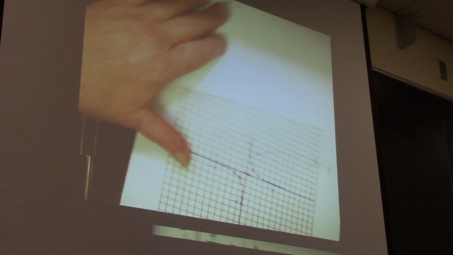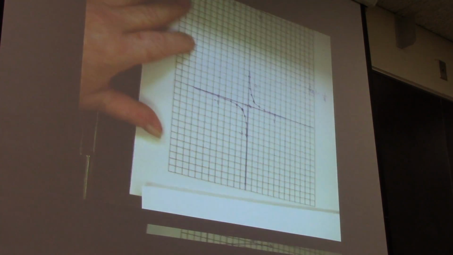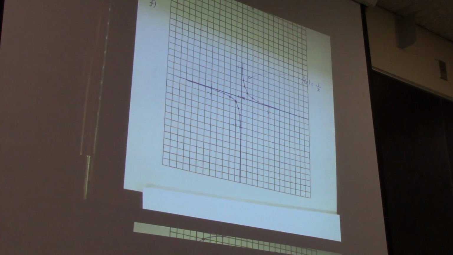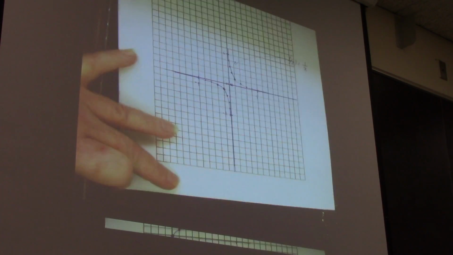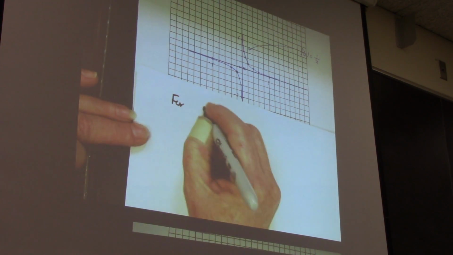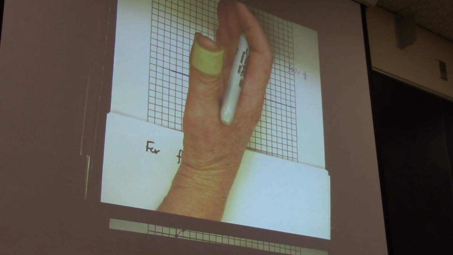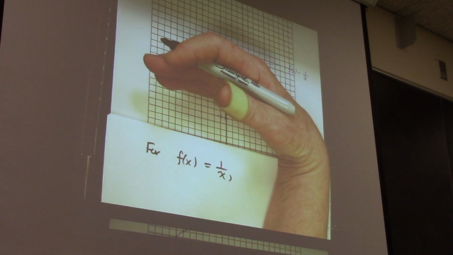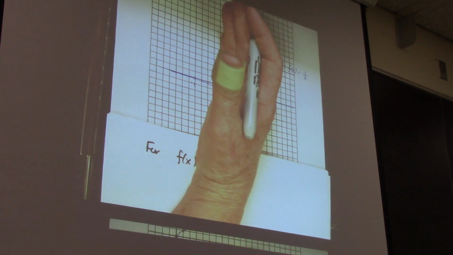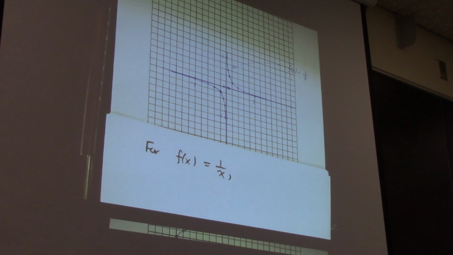For f of x equals 1 over x, the y-axis and also the x-axis are what are called asymptotes, and I will spell that, asymptotes, for the graph.